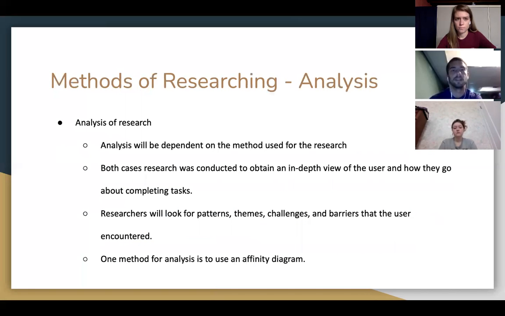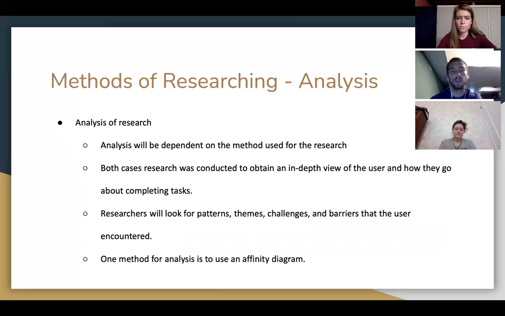Okay, and so we also have analysis of the research. Analysis will be dependent on which method was used for research. In both cases, research will be conducted to obtain an in-depth view of the user and how they go about completing daily tasks. The researcher will look for patterns, themes, changes, and barriers that the user may or may not encounter.